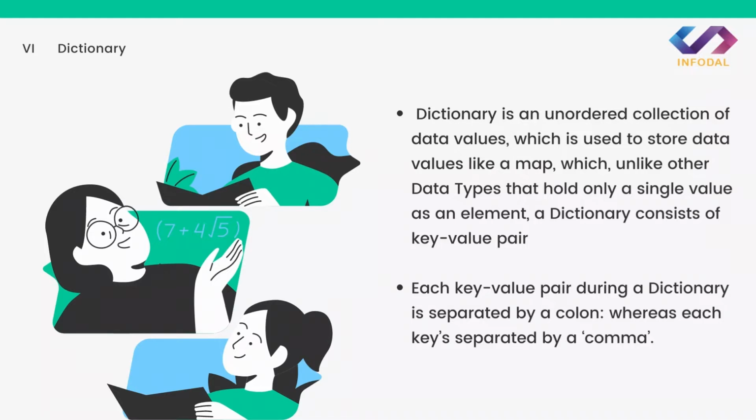In the representation of a dictionary data type, each key and value in a pair is separated by a colon, whereas each pair is separated by a comma. Okay, so whenever you put a key in the search, it will show that particular value.